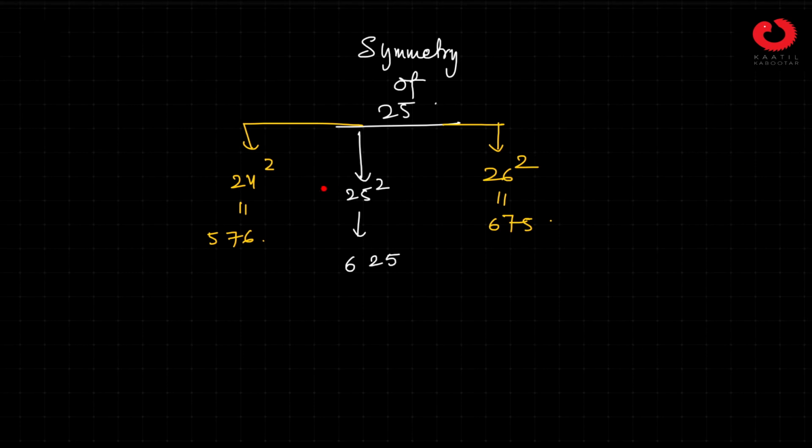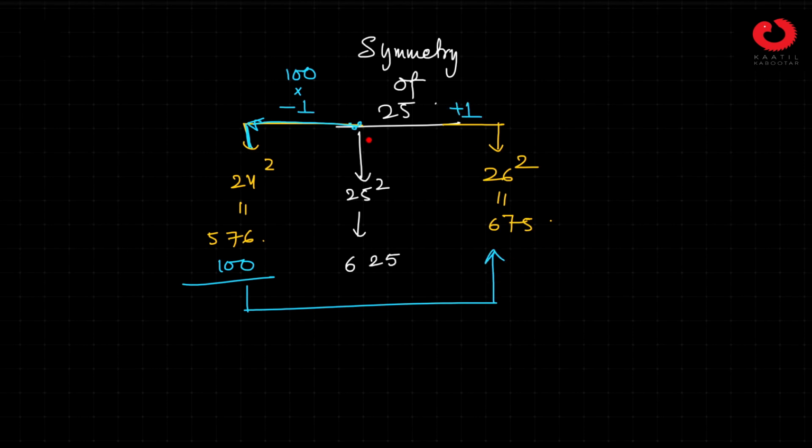So the observation is that if I am going minus 1, on the left side, from 25 to 24, and I add 100 times this, whatever number we get is the square on the plus 1 side. Means 25 is the line of symmetry with some adjustment. Is this only true for 24? Let us see. No, it is not so, by the way.